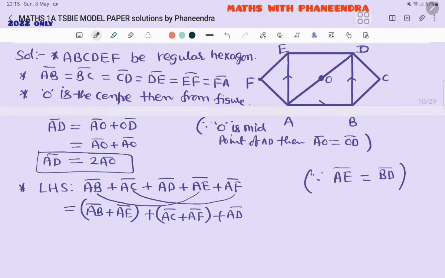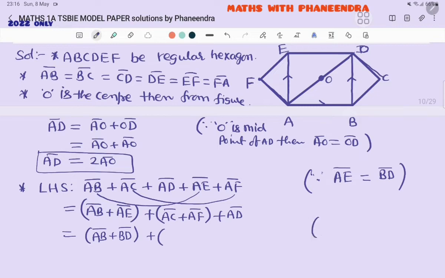So in place of AE, I am writing AB plus BD, plus similarly AC plus AF. AF is equal to CD. So these two are also equal. All are equal only, no?